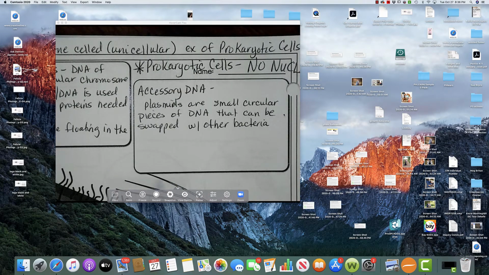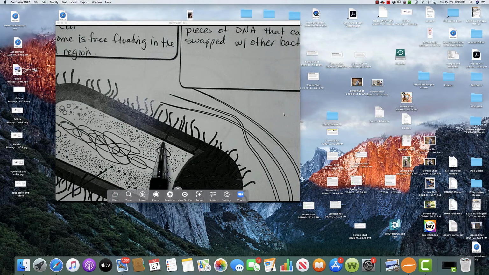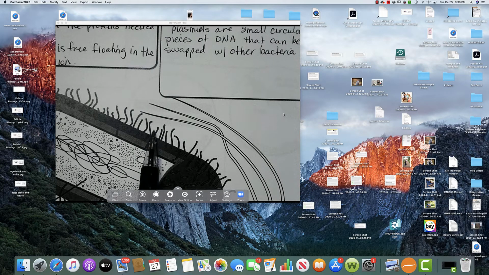So that's pretty cool that through this little tiny, almost hair-like looking structure that creates an opening from the inside of the bacterium to another pili of another bacterium, they can exchange these plasmid pieces.